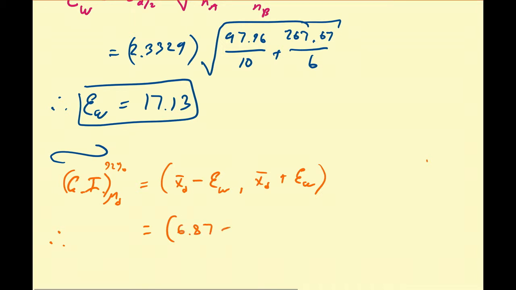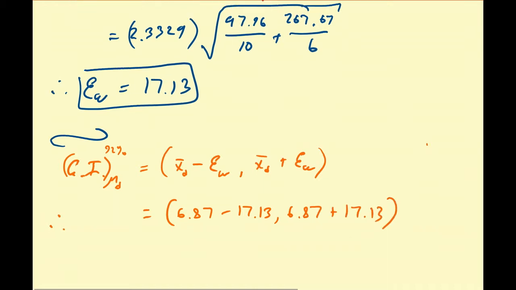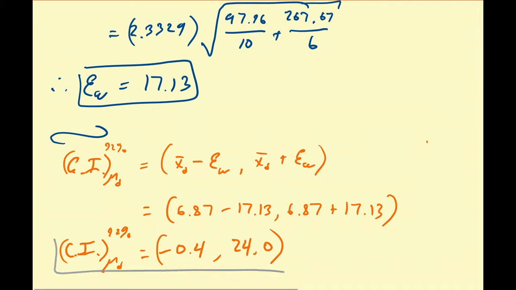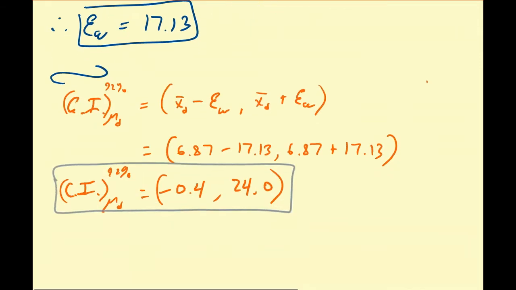So we're going to subtract 17.13, and then we're going to add 17.13 to that, and that's going to give us our confidence interval for the population mean difference. So this is going to come out to negative 0.4 approximately and 24.0 approximately. So this is our confidence interval for the population mean difference.